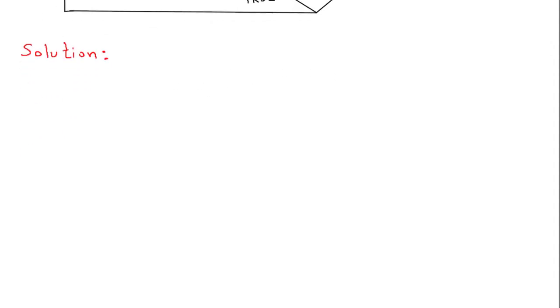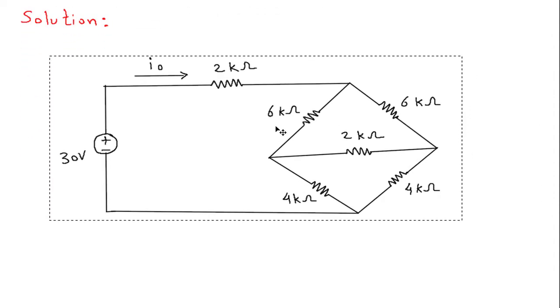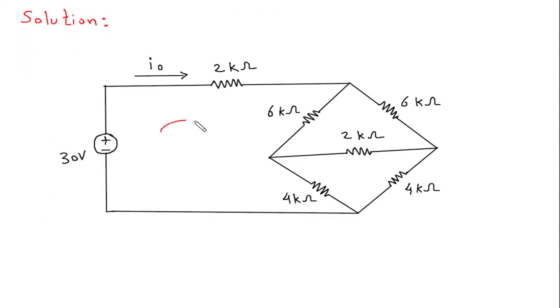First we will redraw the circuit. Now let's assume this is mesh number 1 with current I1. This is mesh number 2 with current I2. And this is mesh number 3 with current I3. So according to mesh number 1 current direction, this will be positive, negative, positive, negative, positive, negative.